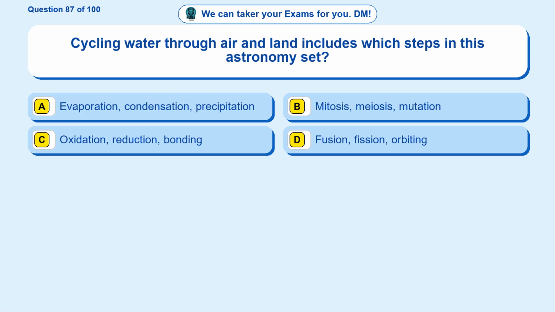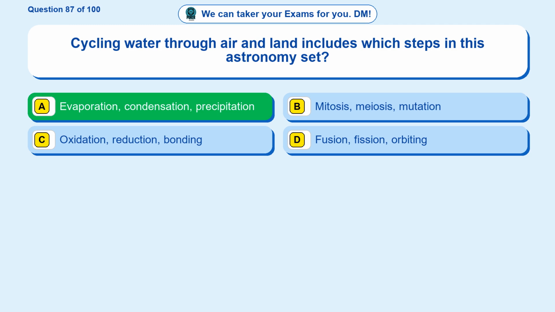Question 87. Cycling water through air and land includes which steps in this astronomy set? Option A, evaporation, condensation, precipitation. Option B, mitosis, meiosis, mutation. Option C, oxidation, reduction, bonding. Option D, fusion, fission, orbiting.